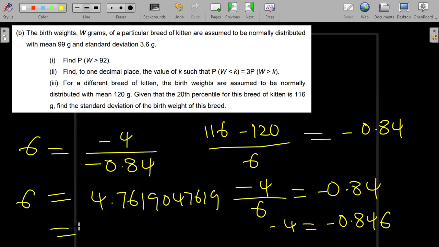Okay, we can round off to 4 decimal places to be 4.7619. Okay, so this one will be our standard deviation for the birth weight of this breed. So we are done with this first question.